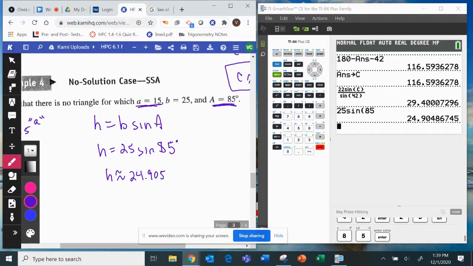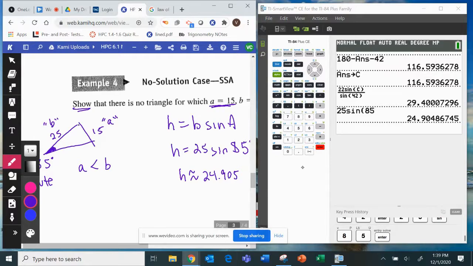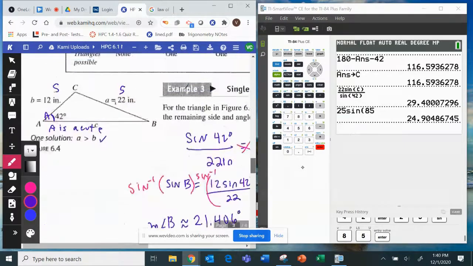We get 24.905. So I see that A is less than H. So I'm going to go back up there.